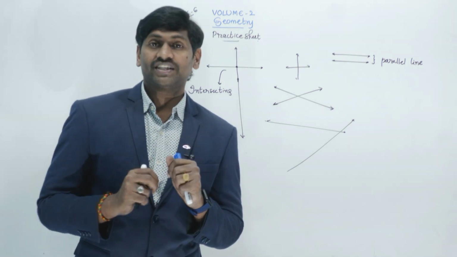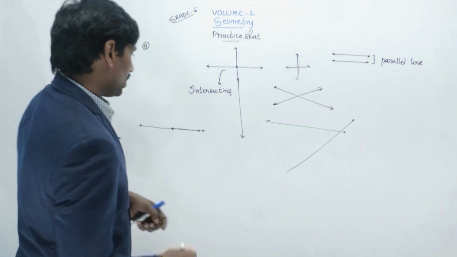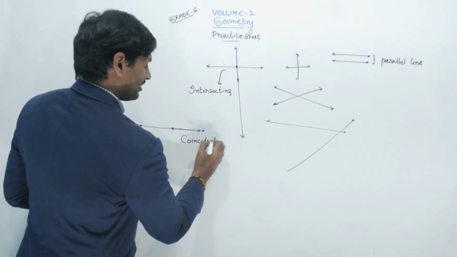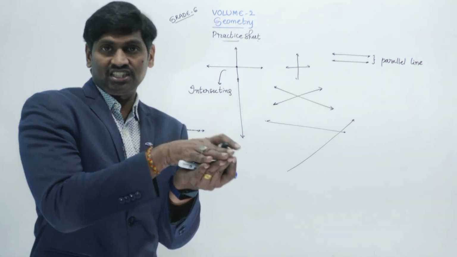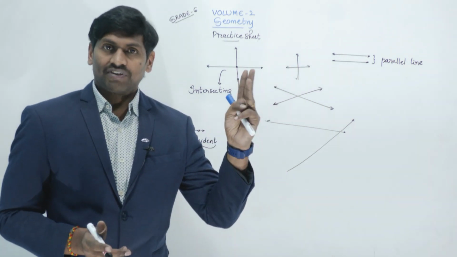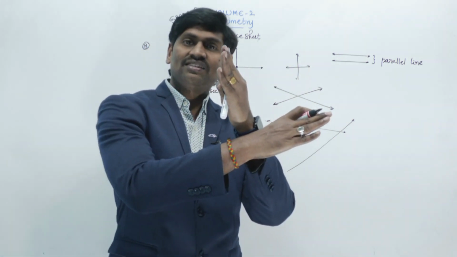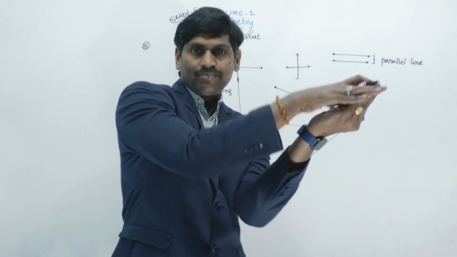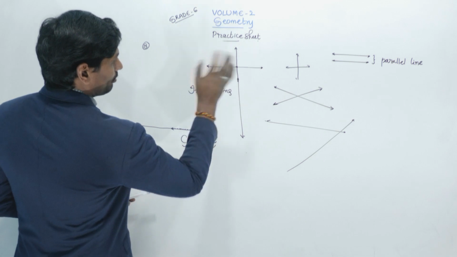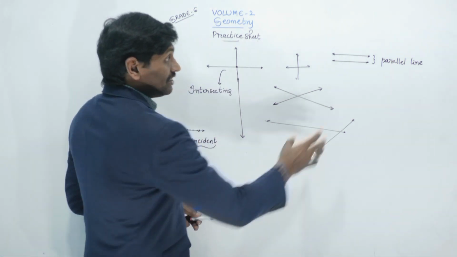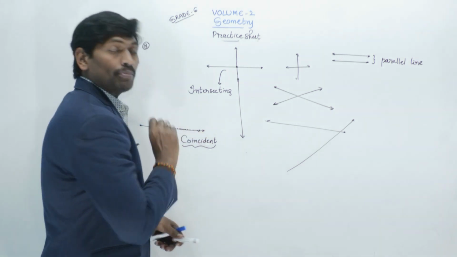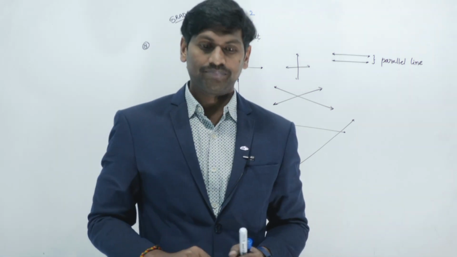This type of lines are coincident lines, which means both coincide with each other, one on another. So only three situations: intersecting lines, parallel lines, or coincident lines. Only one common point for intersecting lines, zero common points for parallel lines, and infinite common points for coincident lines.